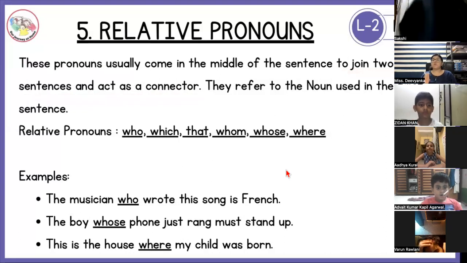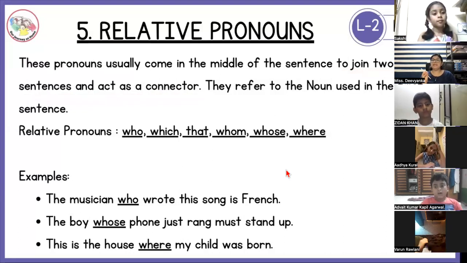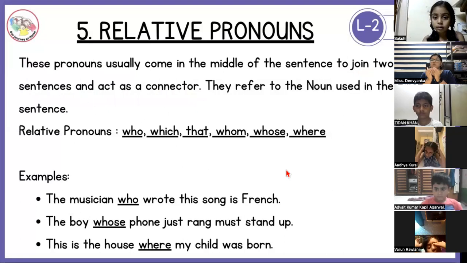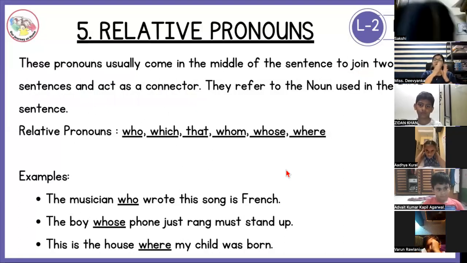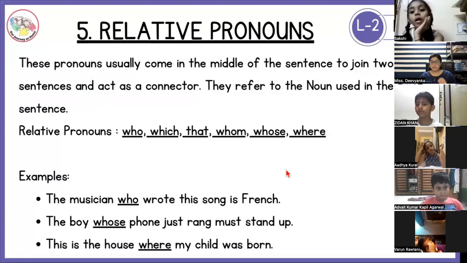So what do we do here? These relative pronouns, which we are going to look at with examples, are in between two parts of a sentence and they are connecting the first part to the second part. They are acting as a connector here, right? Now, they refer to the noun used in the first sentence.